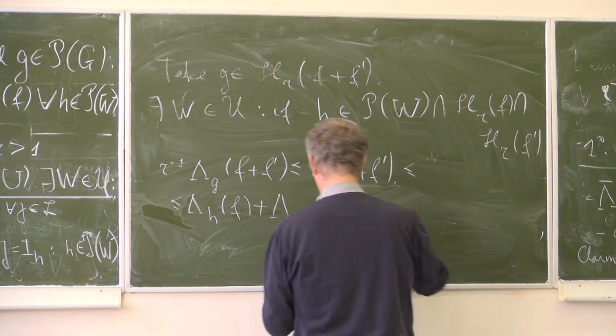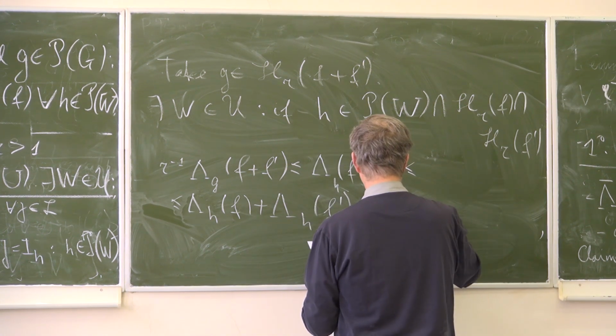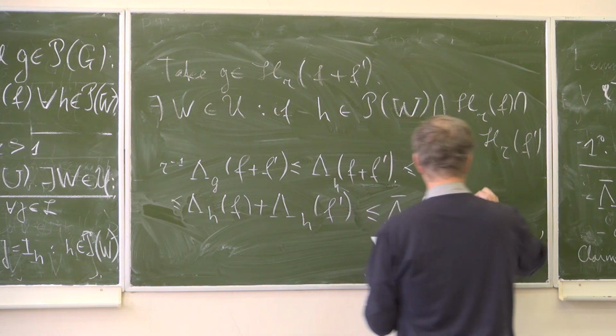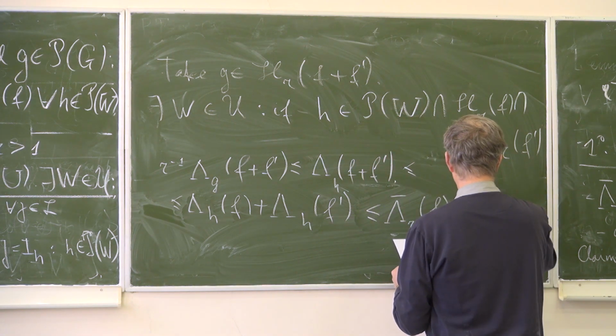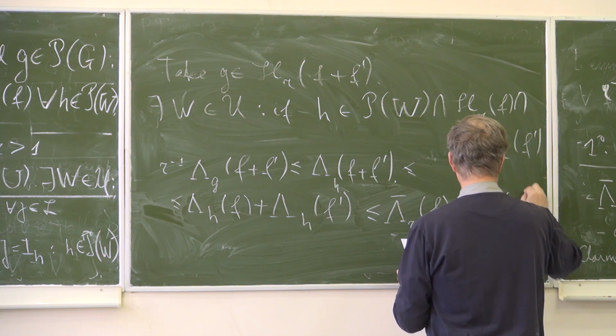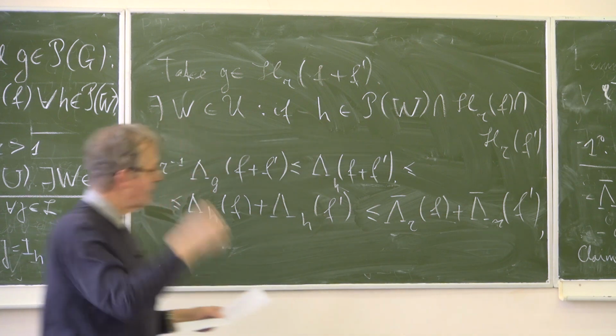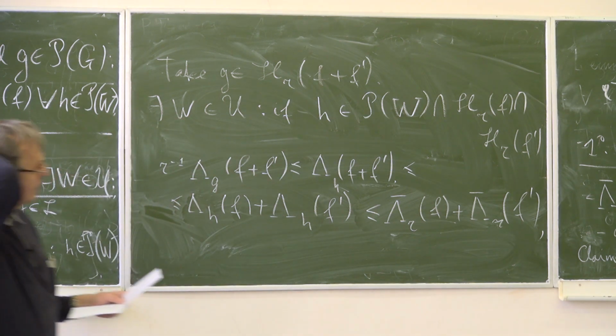And surely this is dominated by lambda R bar of F plus lambda R bar of F prime, because lambda bar is greater than lambda. Okay?